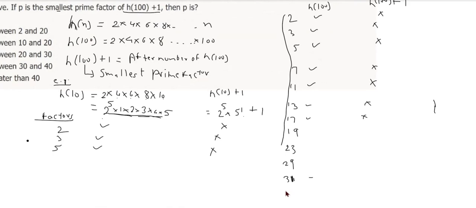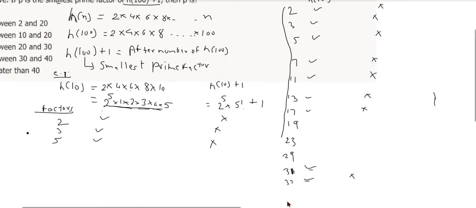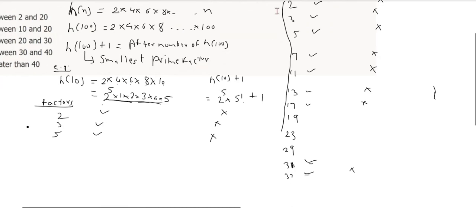Then let me come to 37. What is twice 37? This is 74, which we have here, so clearly it can't be. Which is the next prime number here? 41. So 41 into 2 is 82. We have 82 here. For that reason, it cannot be a factor of the next number, right?